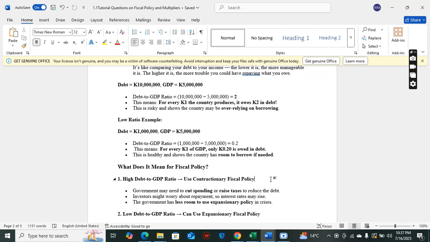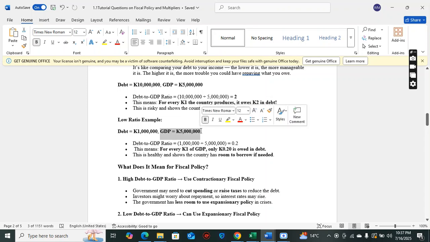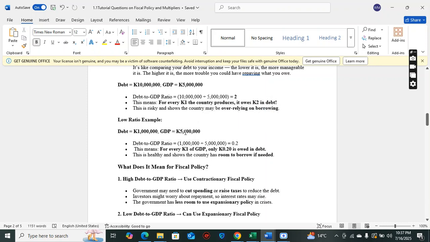If your debt to GDP ratio is low, like in this case where we had a ratio of 0.2, where our debt is just forming 20% of our GDP, that's another way to look at it. Your debt is just 20% of your GDP. For the previous example, our debt was 200% of our GDP.